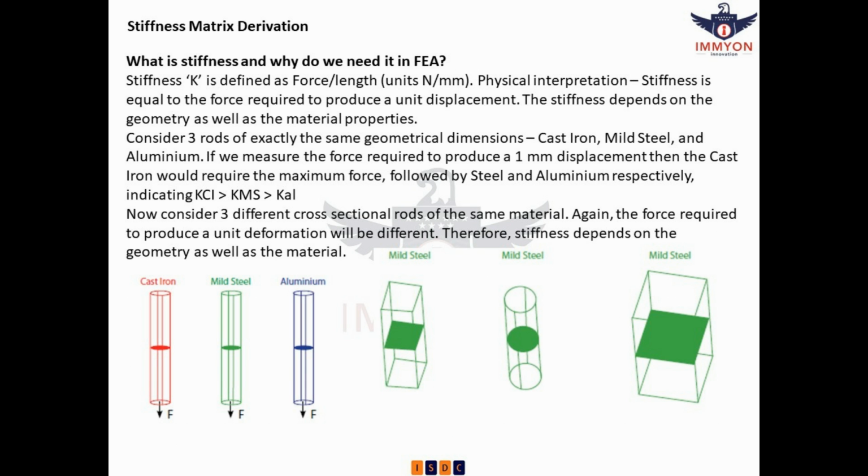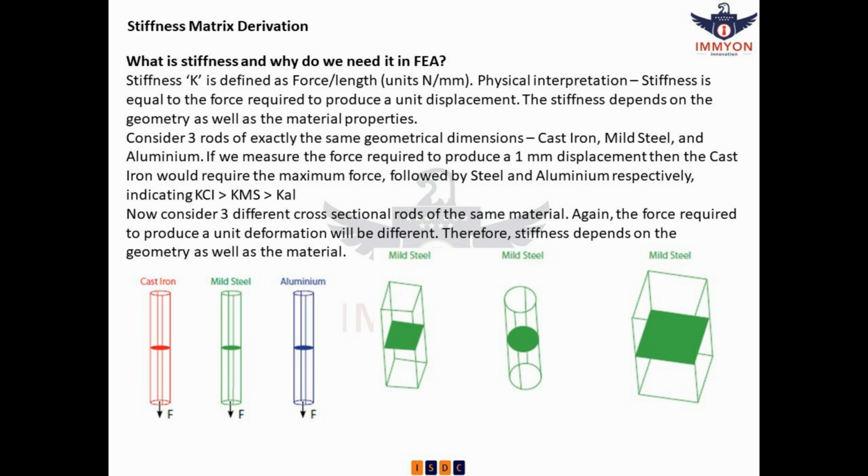Stiffness matrix derivation. What is stiffness and why do we need it in FEA? Stiffness K is defined as force / length, units N/mm. Physical interpretation: stiffness is equal to the force required to produce a unit displacement. The stiffness depends on the geometry as well as the material properties.